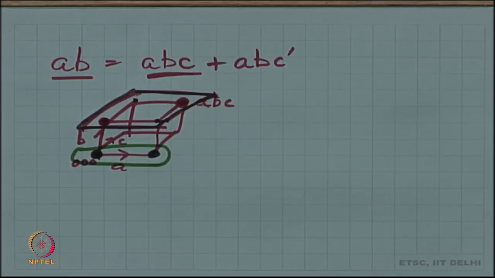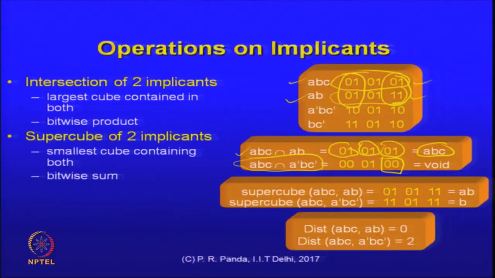But its computation should be easy. We just take the bitwise OR of the two implicants and I would get my supercube. So, between ABC and AB, if you take the bitwise OR, you essentially get 1 0 1. The third literal there would result in 1 1, because that is the union.